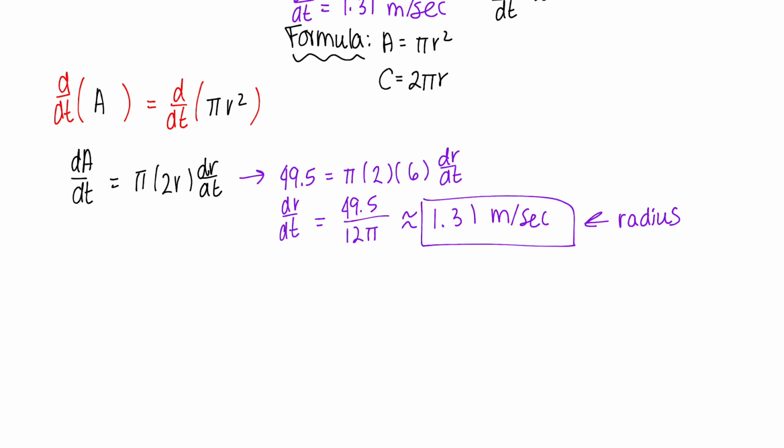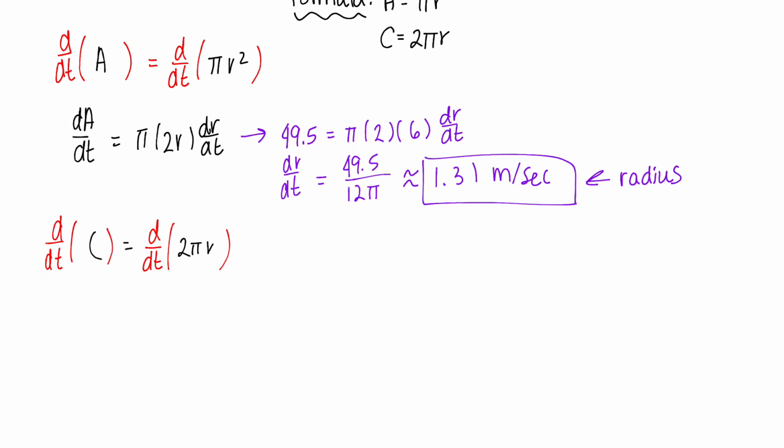So if I differentiate that equation, sorry about that. Then we get dC/dt equals 2 pi, and then the derivative of r is dr/dt.